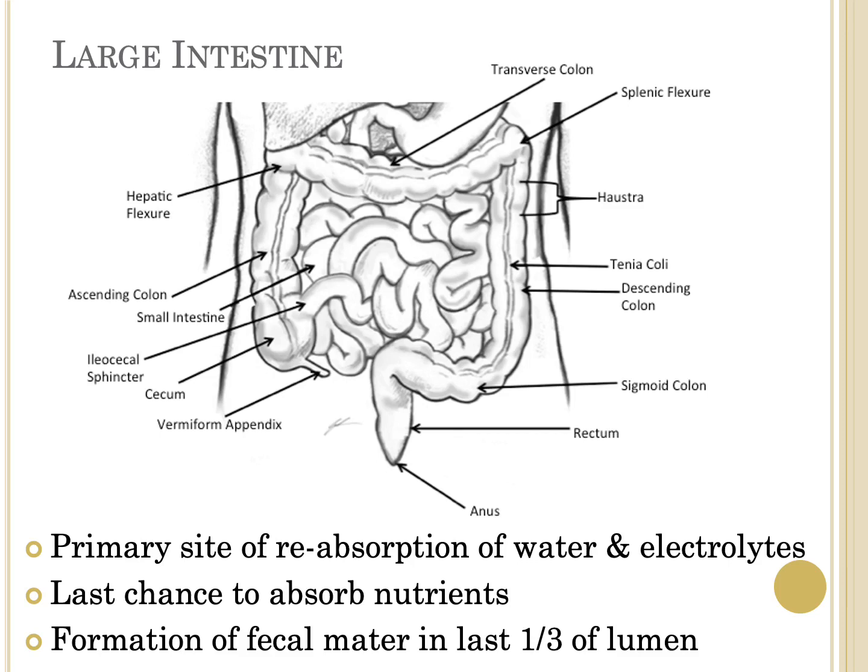The sigmoid colon will hit the posterior edge of the pelvic structures and turn inferiorly, forming the rectal sac. The rectal sac will junction with the anus through the anal sphincter. The last third from the sigmoid colon through the rectum is where fecal matter is formed through compaction, due to absorption of most of the water within the materials in the rectum and the sigmoid colon.